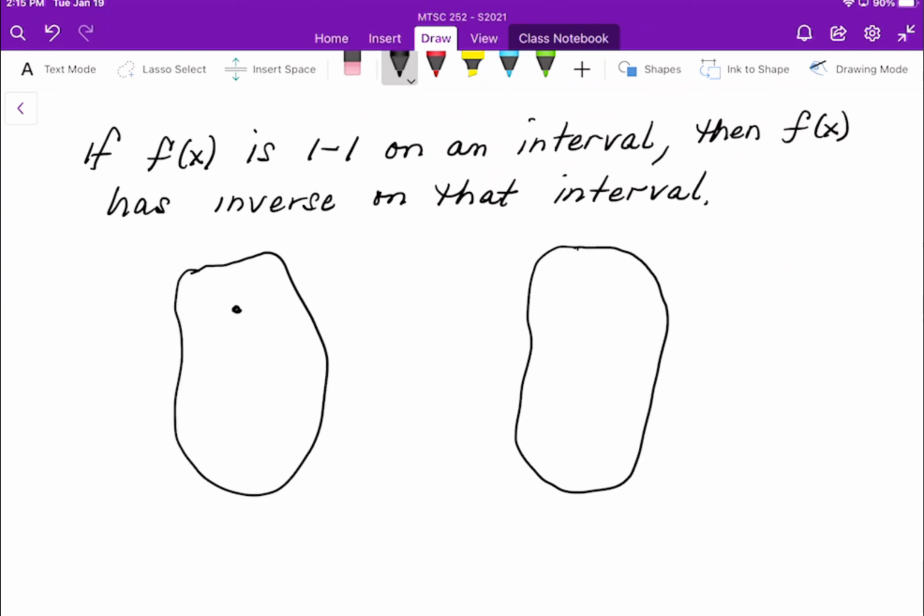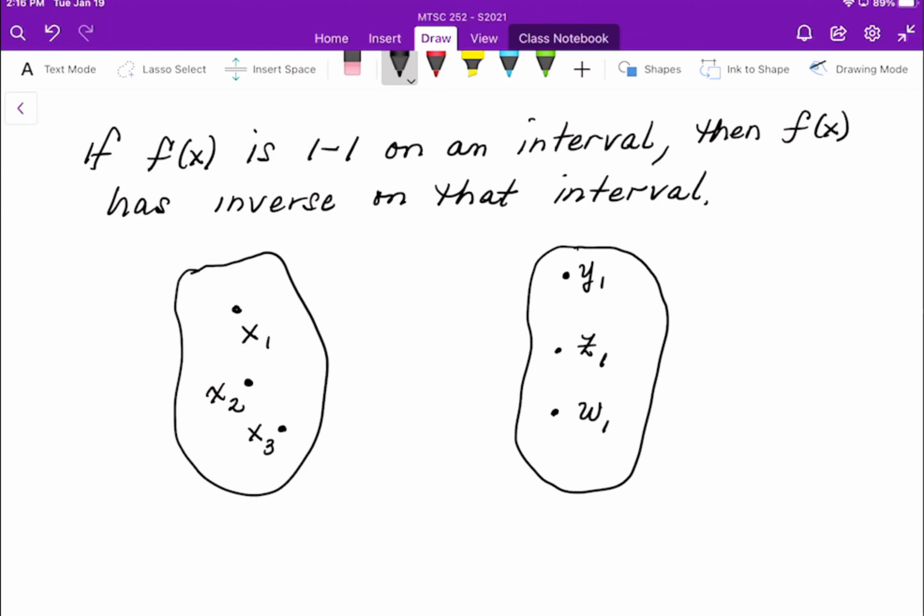So this is x1 and here is x2. Here is x3. This is y1. Let's call this z1 and let's call this w1.